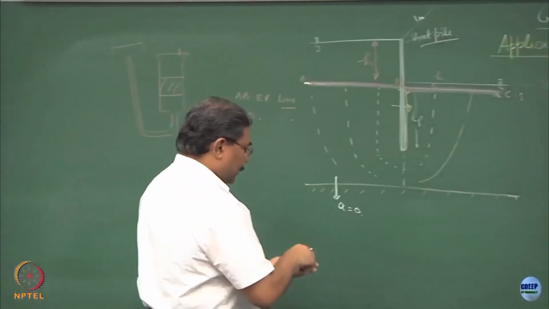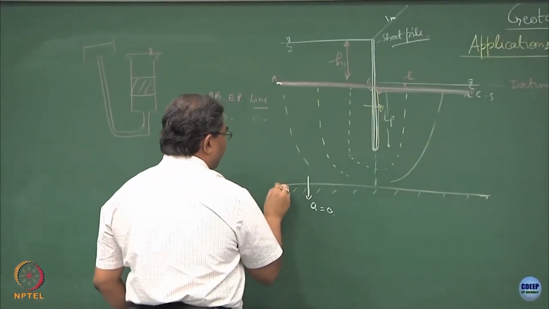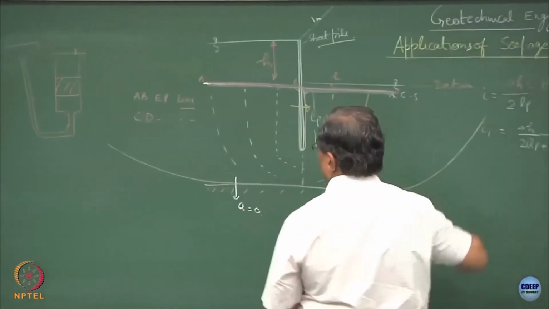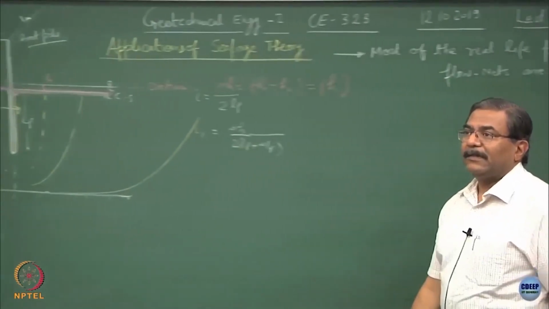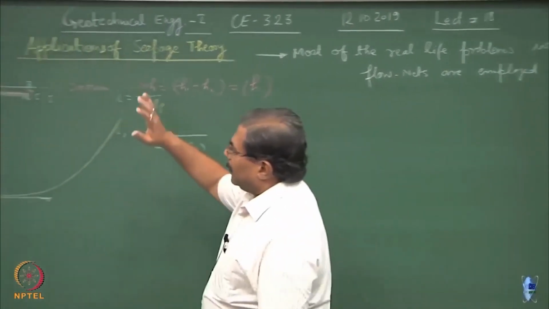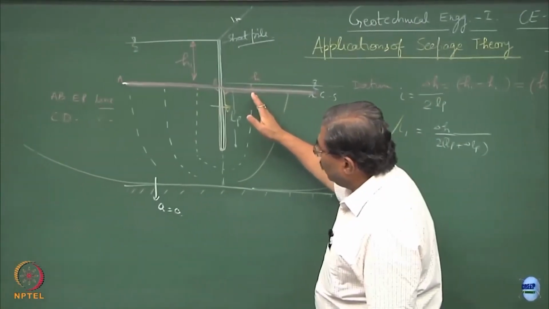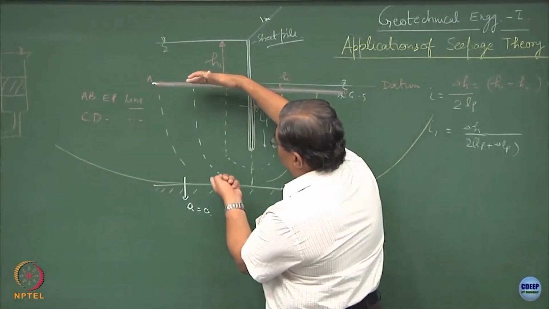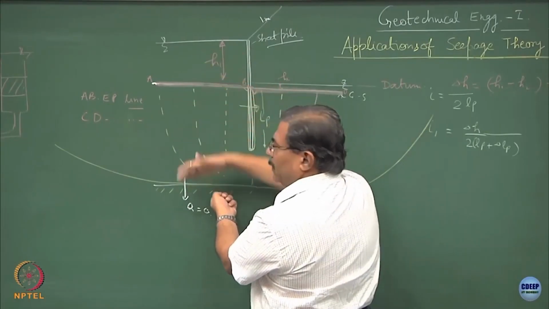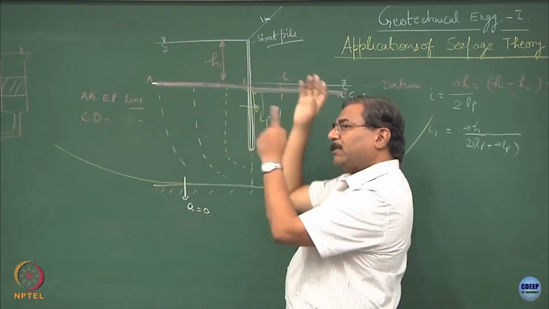So the bottommost flow line would be something like this, okay, correct. This is a confined flow because the domain of the flow is fixed, even if h decreases it does not matter because the flow domain is fixed. Unconfined situation we will discuss later on.